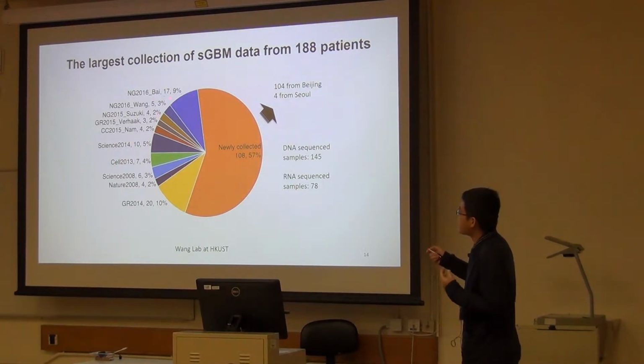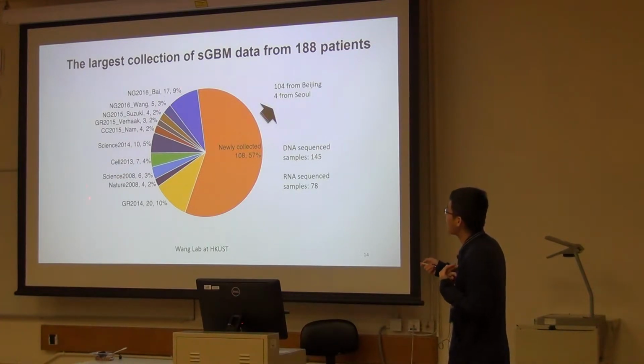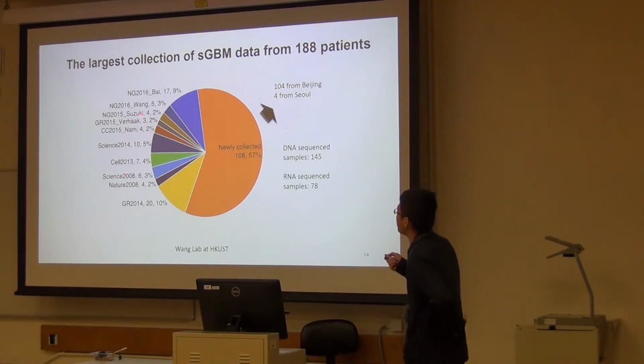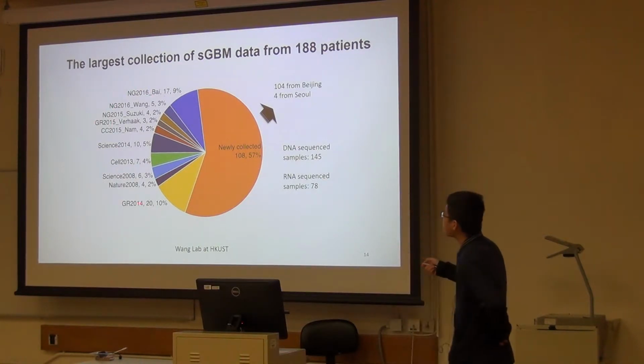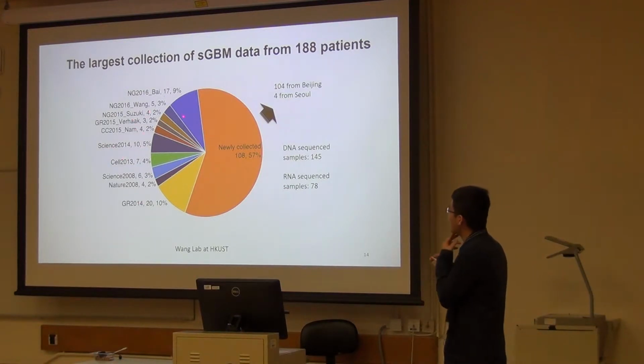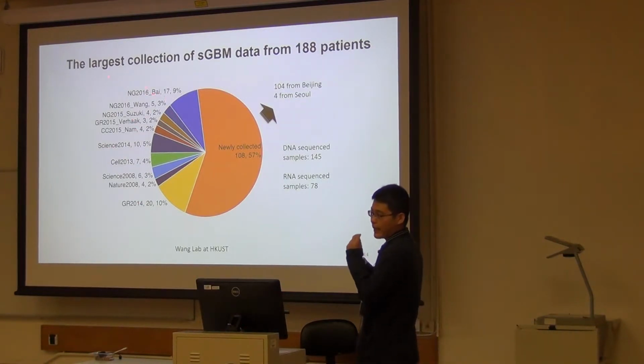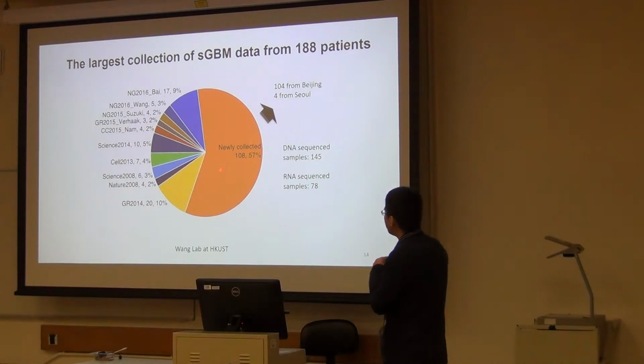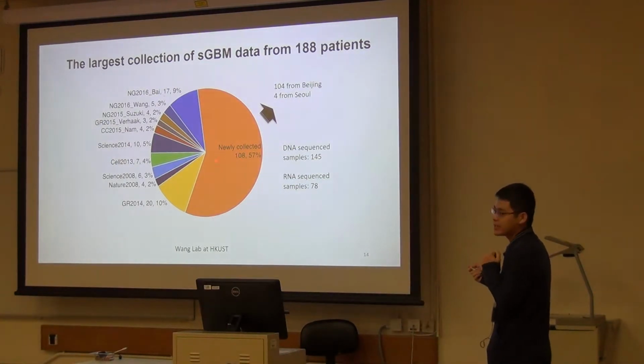Even if we collect 10 different papers, all high-profile papers, in Nature Genetics, Genome Research, Cancer Cell, Science, Cell, and so on, all those papers contain fewer than 20 patients. However, from the Cancer Hospital, we can easily get 108.